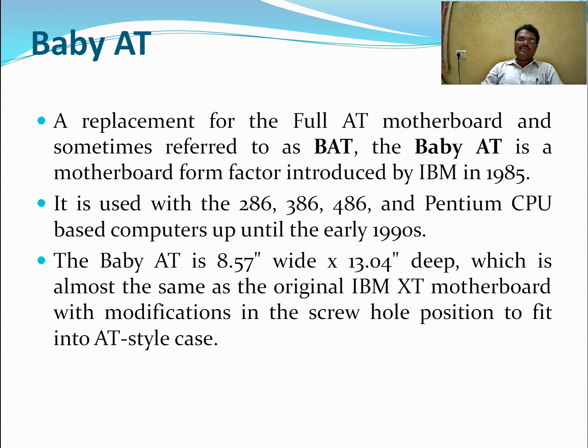It is used with microprocessors like 80286, 80386, 80486, and also Pentium CPU based computers up until the early 1990s. The Baby AT is 8.57 inches wide and 13.04 inches deep, which is almost the same as the original IBM XT motherboard, with modifications in the screw hole positions to fit into an AT style case.